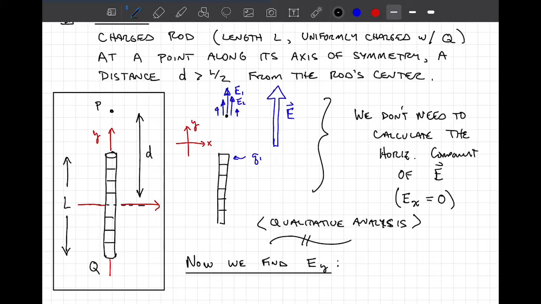So I'm going to label them from the bottom to the top. So this is going to be my Q1, Q2, and of course this is Y2, and then I'm going to label an arbitrary one as Y sub n and Q sub n.